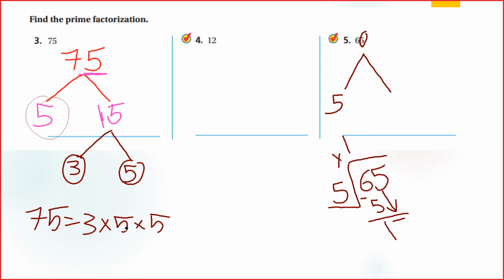Let's add the 5 down. Now 15 over 5 is 3. So what will the quotient be? It's 13. Yes, 13.